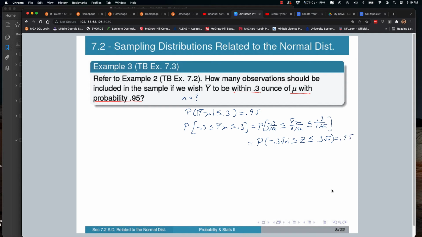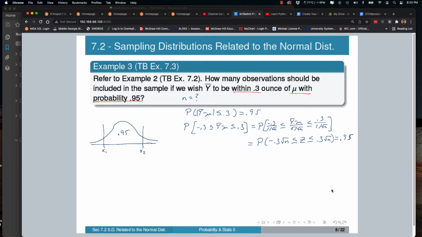So that's about as far as I can take that without figuring out what n has to be. Well, how do we do that? First of all, we need to know what the z-scores are that contain a 95% interval in the center of the distribution. If this represents 0.95, we need to know what x1 and x2 here are.